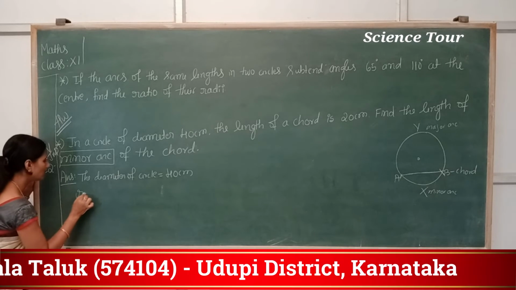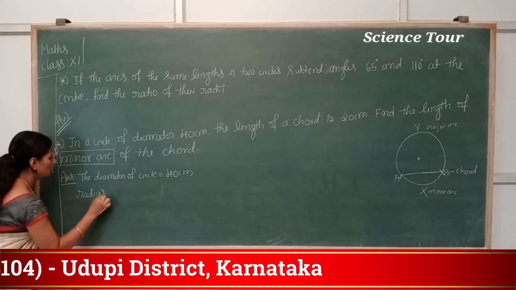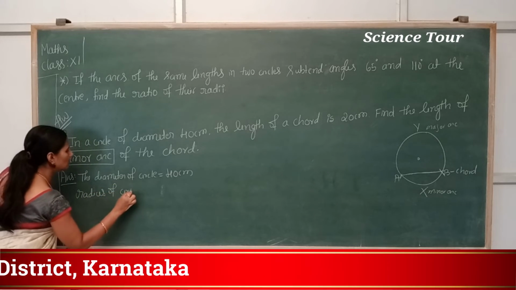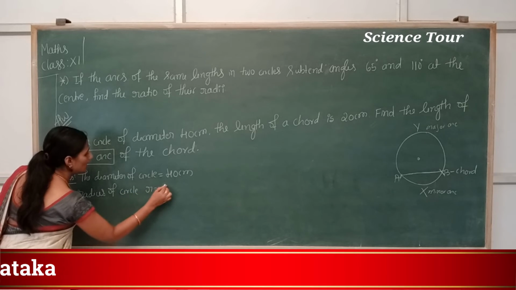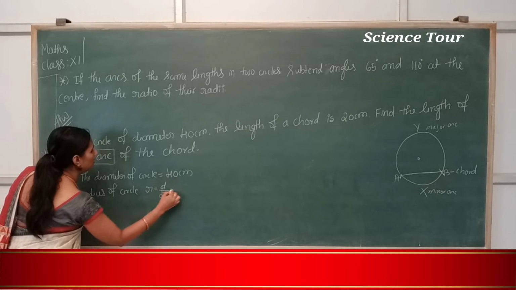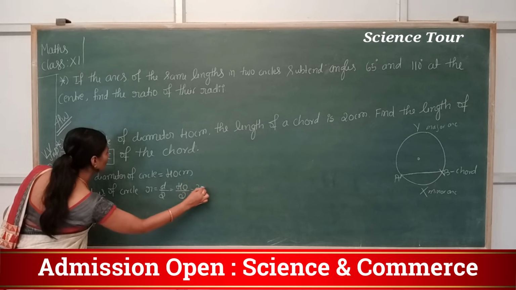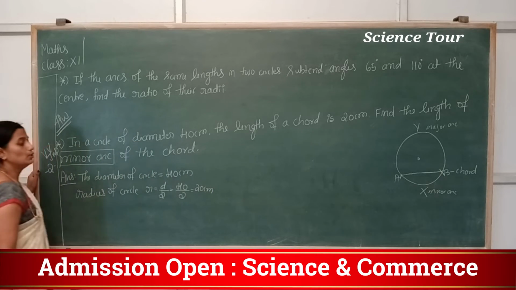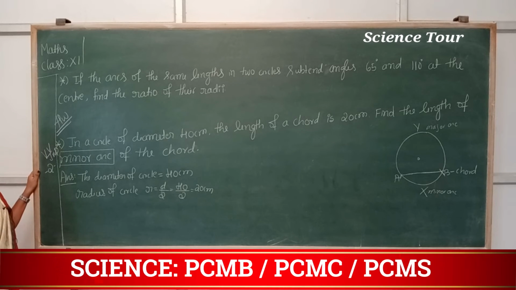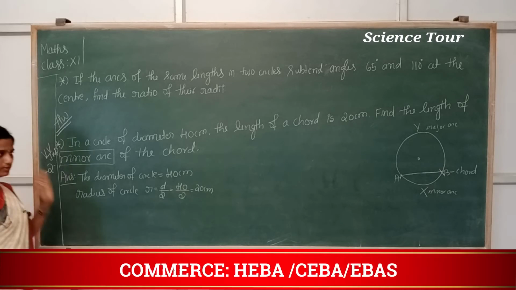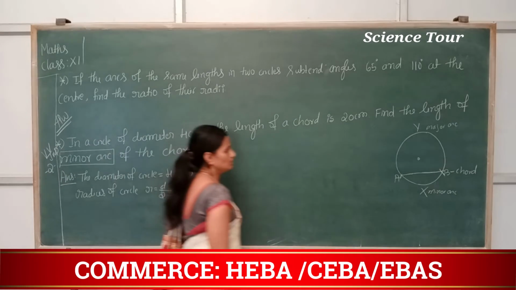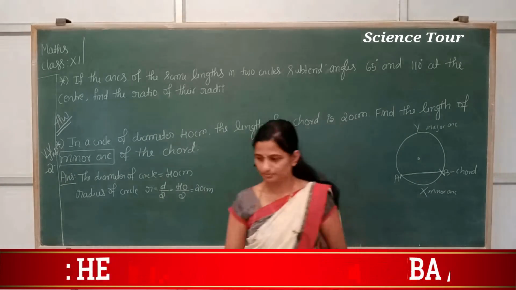So therefore the radius of the circle r is equal to D divided by 2. Diameter divided by 2, 40 divided by 2 is equal to 20 centimeter. So the radius of the circle is 20 centimeter. Now to find the length of the arc of a circle, correct?